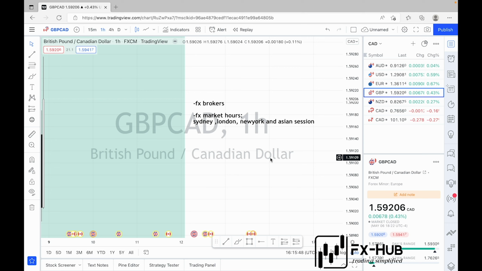So these are the 4 major trading sessions you're going to come across: Sydney, London, New York, and Asian session. Well, it is considered best practice to trade certain currency pairs during their trading sessions.